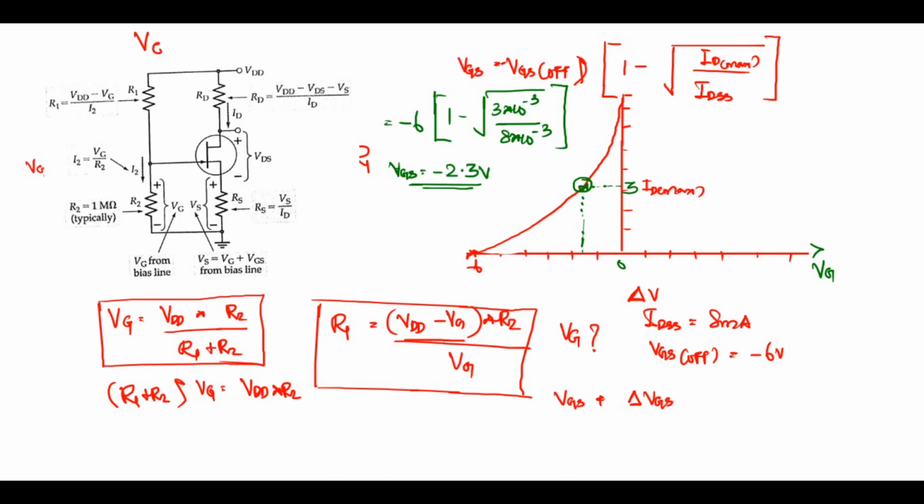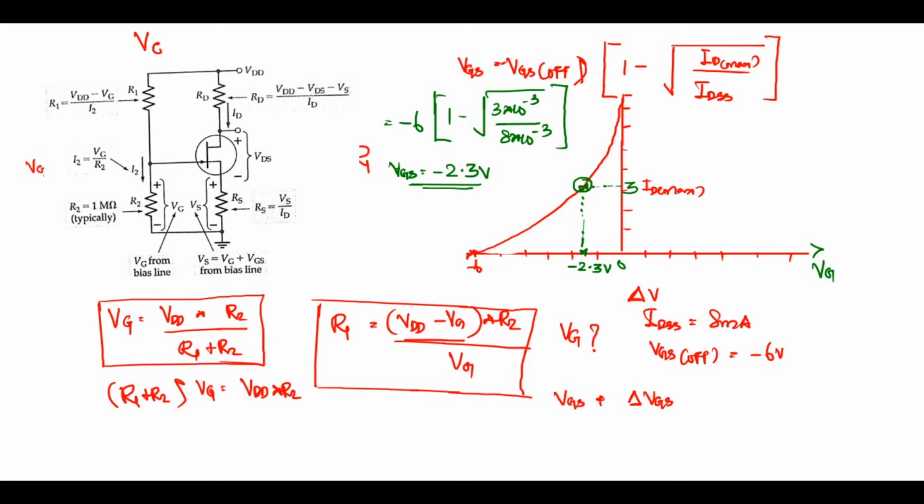So that is the point. Here as I said, this scale needs to be adjusted, and this point is minus 2.3 volt.